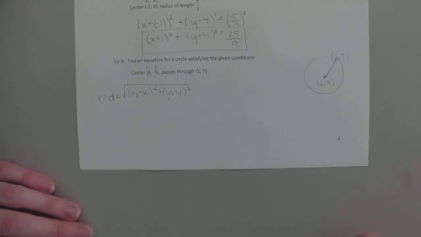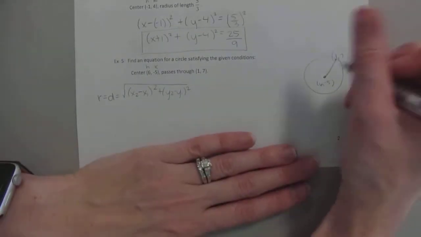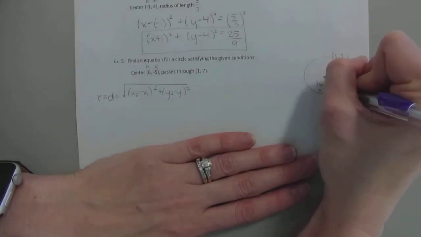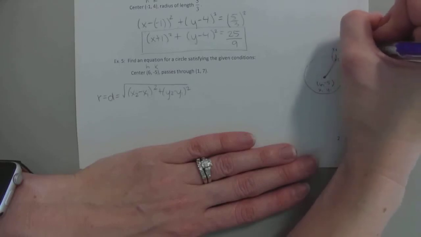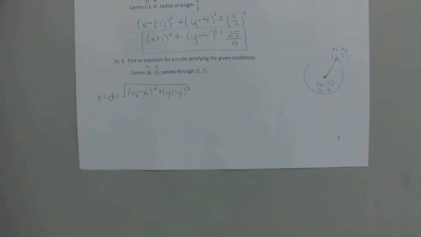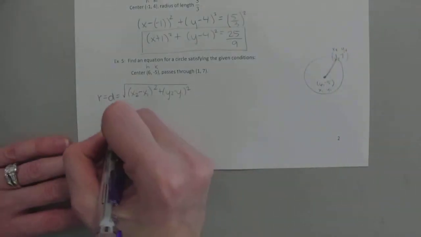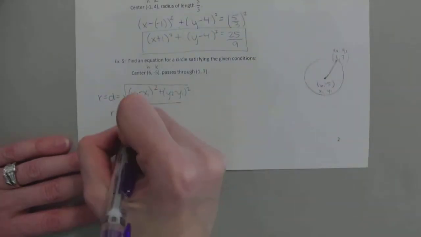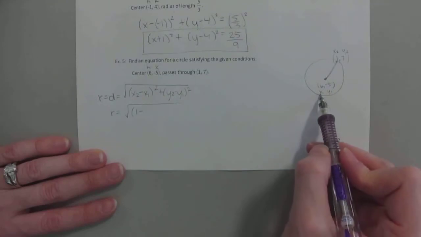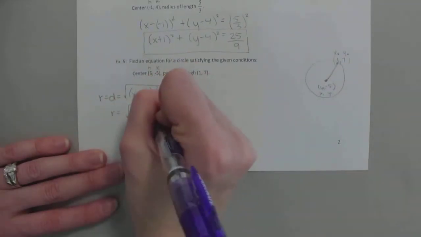I'm going to move that up so you guys can see it a little bit better. Oh, I went the wrong way. Let's go this way. There you go, okay? So the radius is really just the distance between these 2 points. Do we care which one's x1, x2? No, just label them. Let me make the center x1, y1, because that just seems like your starting point, right? And then any point on the circle can be x2, y2, it doesn't matter. All right, so I'm going to plug it in.